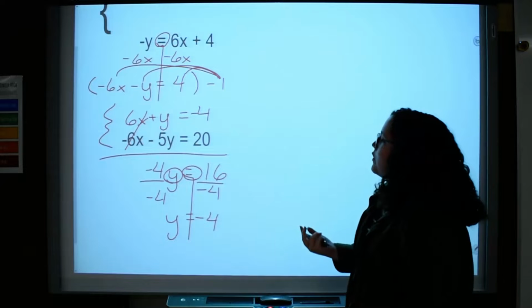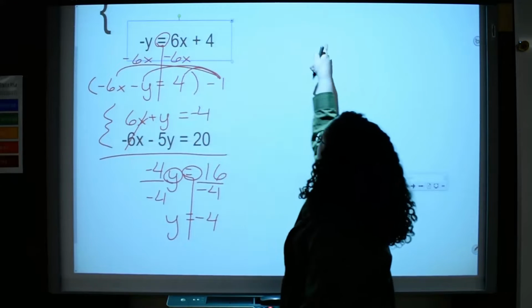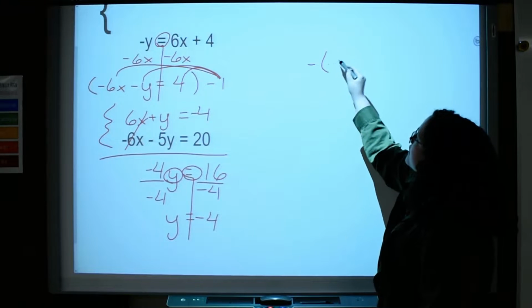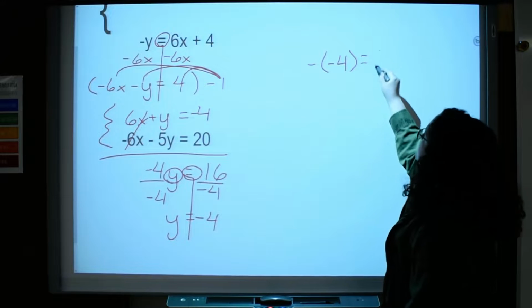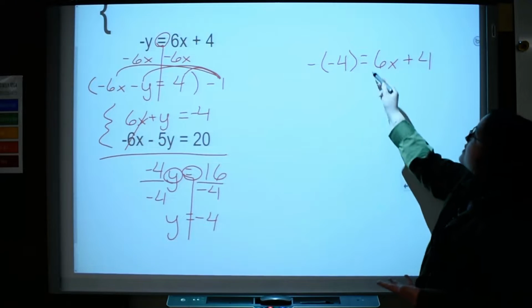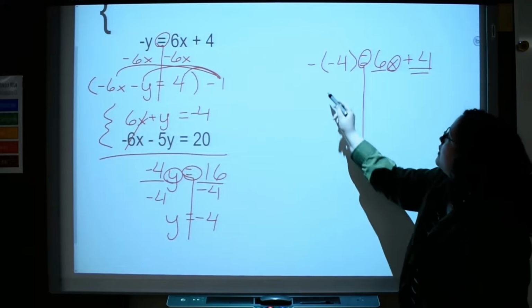So let's just pick one of the equations to go ahead and plug the y in. We're going to take, let's do this one. So we're going to do negative, instead of the y, I'm going to replace it with a negative 4, equals 6x plus 4. There you go. We're going to go ahead and solve this for x so we can get the other part of our point. All right. Oh, look at that.